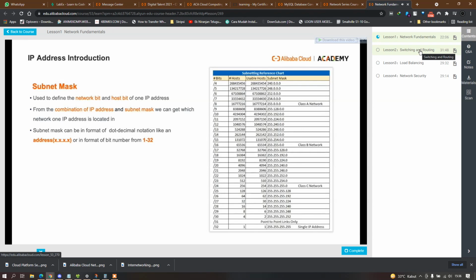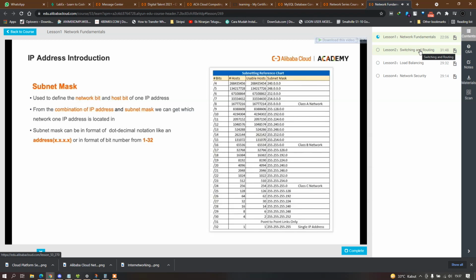And after we have introduced the IP address, there is something we have to introduce together with it, which is the subnet mask. Actually, we can say that the IP address must be combined with a subnet mask, because the subnet mask is used to define the network bits and the host bits of one IP address.